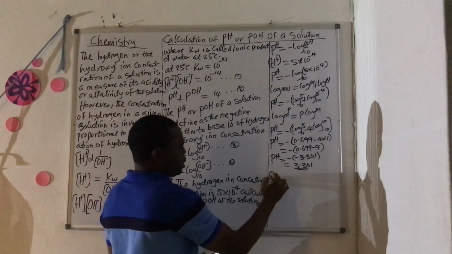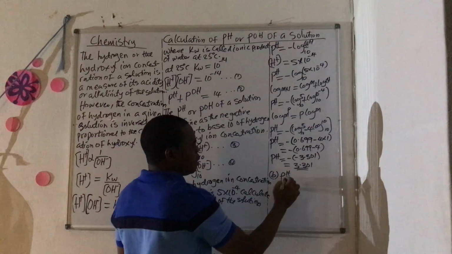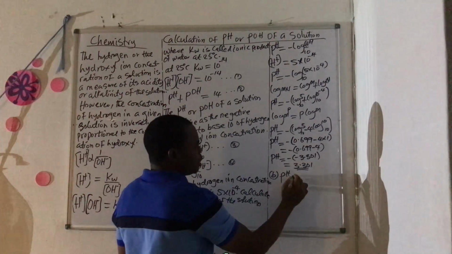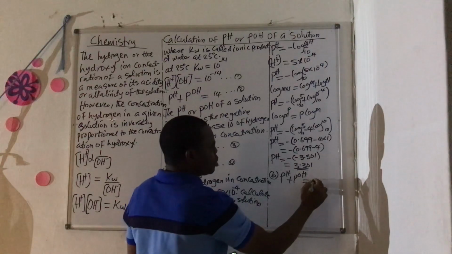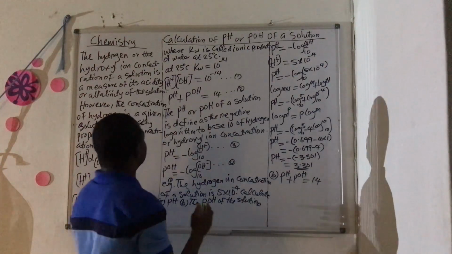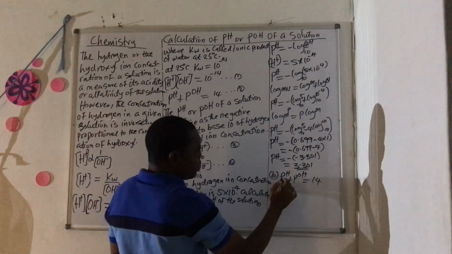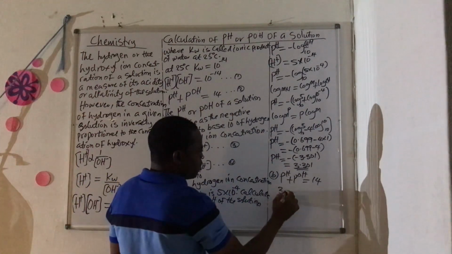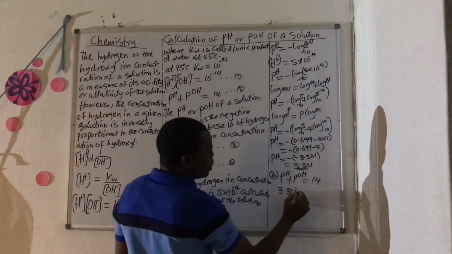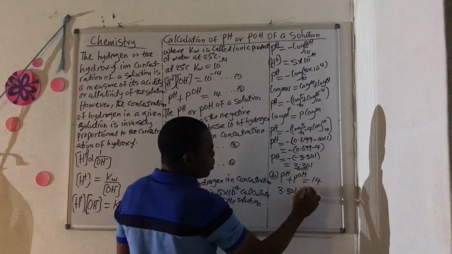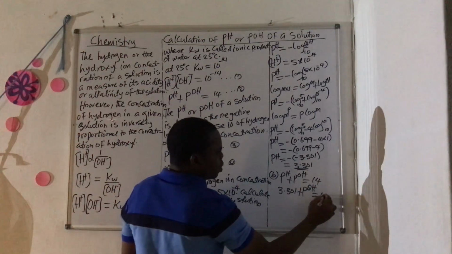For question B, we are aware that the pH plus the pOH is equal to 14 according to our equation number 2. So I put the pH I have here, 3.301, plus pOH, equal to 14.